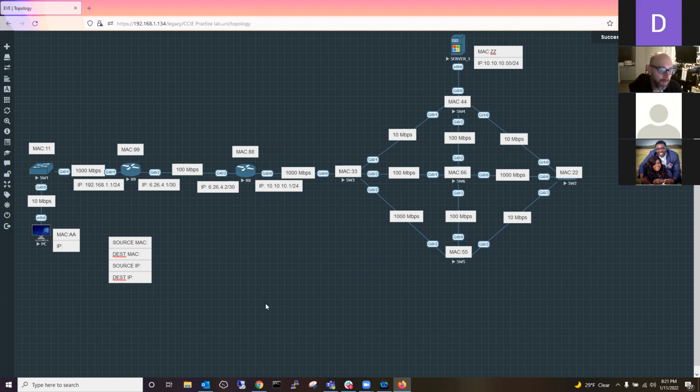What is the first packet that it sends out on the wire? Well, my question would be, does it have that address in its routing table? Which address? The destination IP address or destination MAC address?